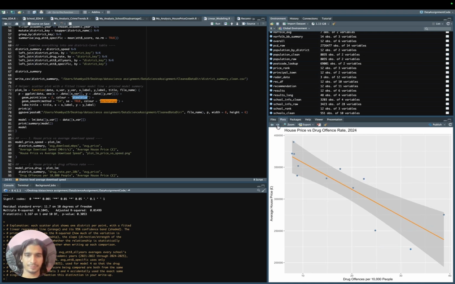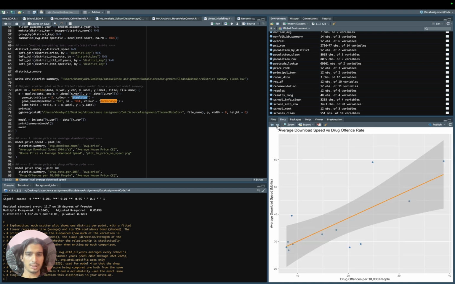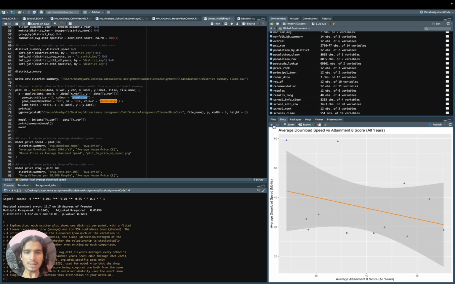Average download speed versus drugs offense rate has a climbing positive relationship, and average download speed versus assessment also has a negative slope. We can see that as well.